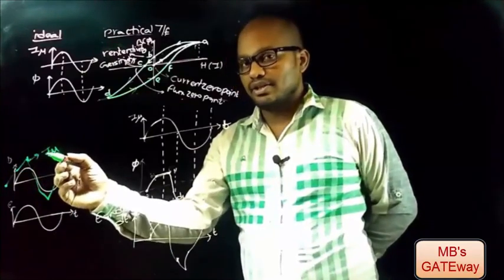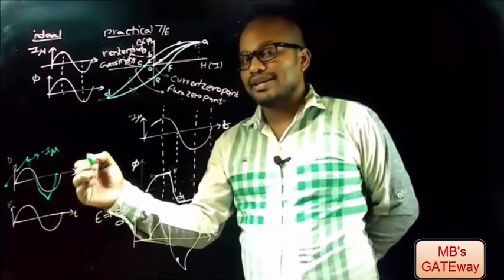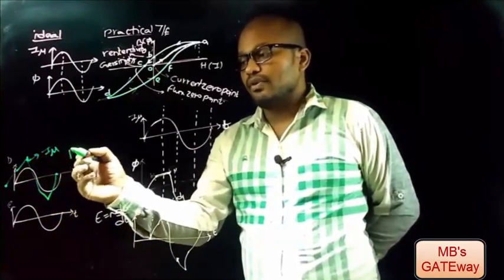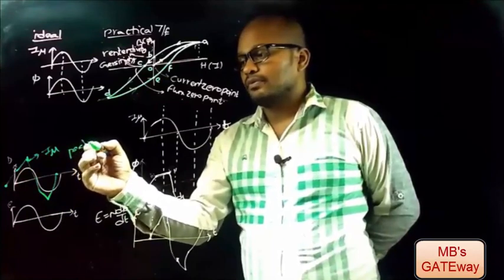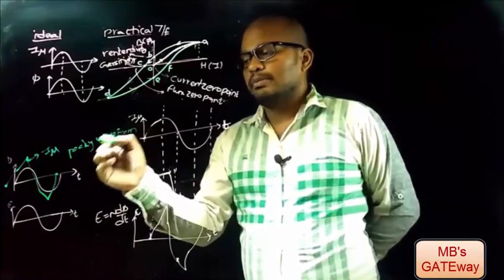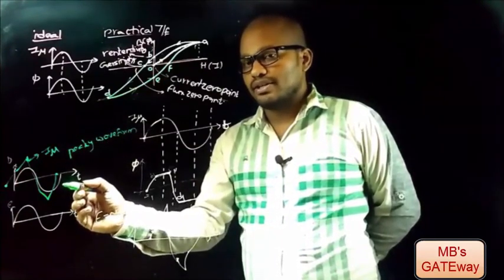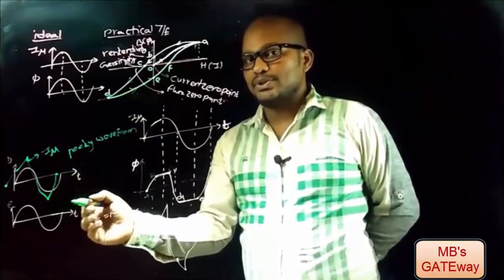This is the magnetizing current, which is responsible for setting up the sinusoidal flux in the transformer core, which means that for transformer we need to apply peaky waveform magnetizing current to get sinusoidal flux, to get sinusoidal induced EMF.